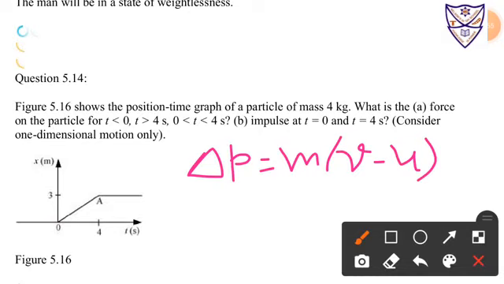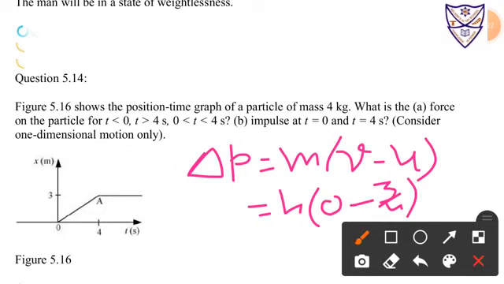See here, at t equal to 4, so 4 into, what is our final? The object's position remains constant, right? So I need to write here 0 minus initial. Now the initial is at 4 seconds, so we can write here 3 by 4.